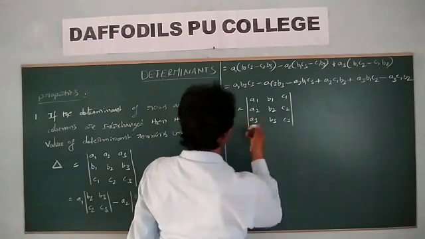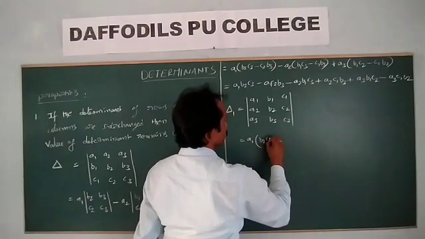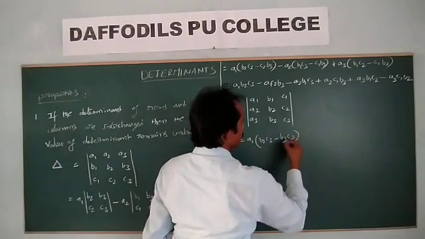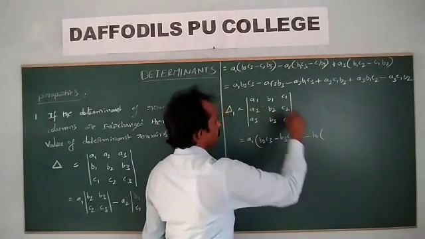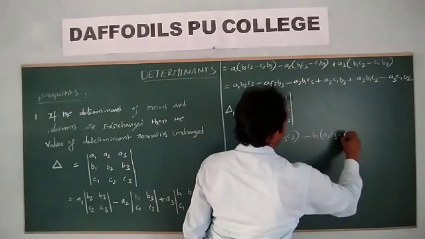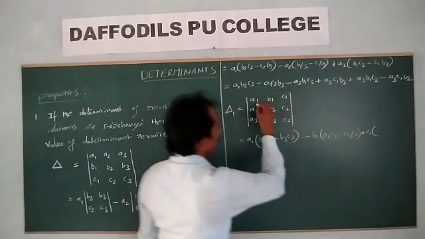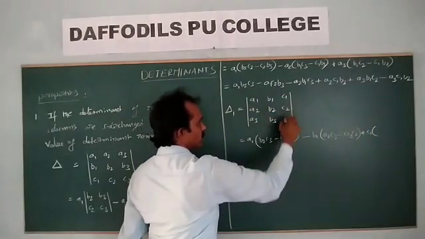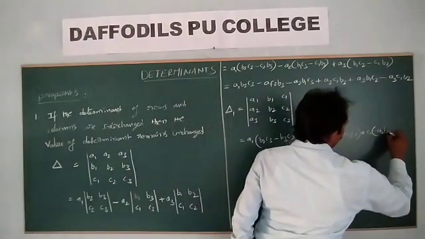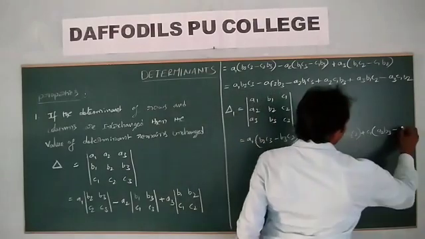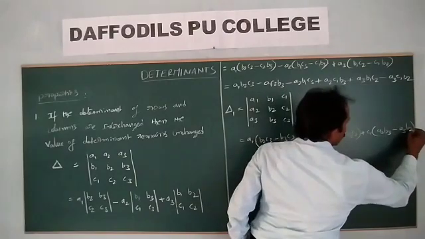Now we will find out what this determinant is. A1 of B2 C3 minus B3 C2, minus B1 of A2 C3 minus A3 C2, plus C1 of, deleting this row and this column, the remaining determinant value, A2 B3 minus A3 B2.